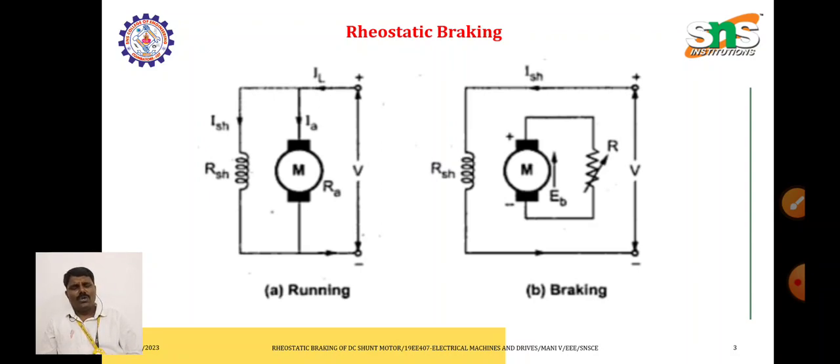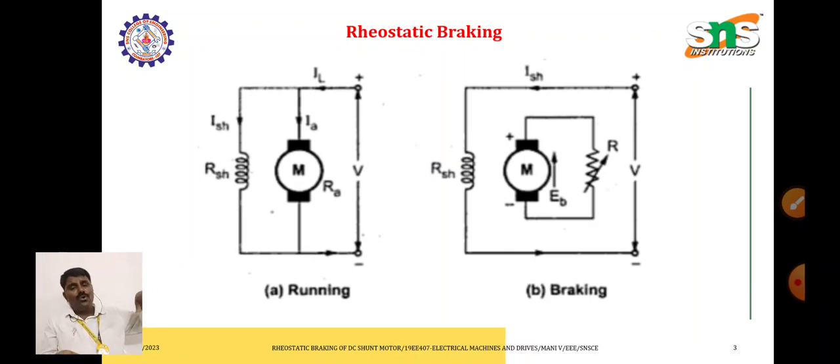Okay. So we already discussed where we can apply this kind of rheostatic braking. You can see the crane which is lifting the load, and it will be kept on another side. After the removal of the load, the speed of the crane and the hoist will be too high.